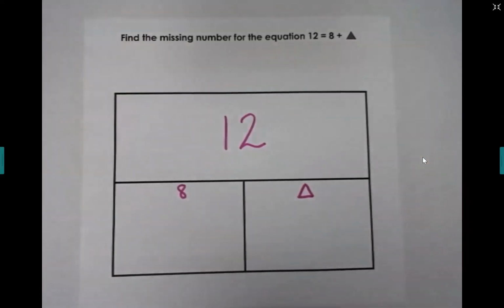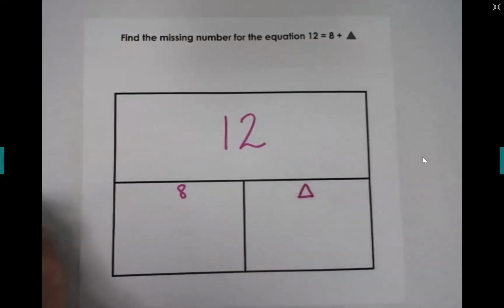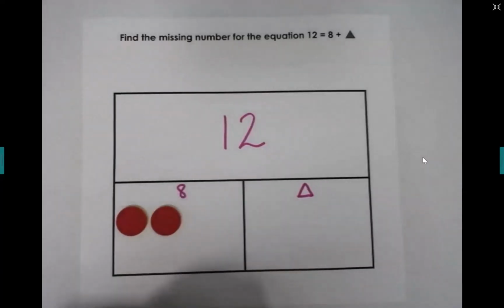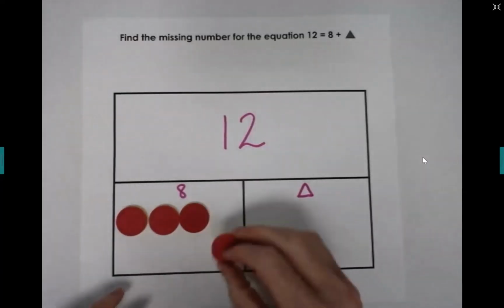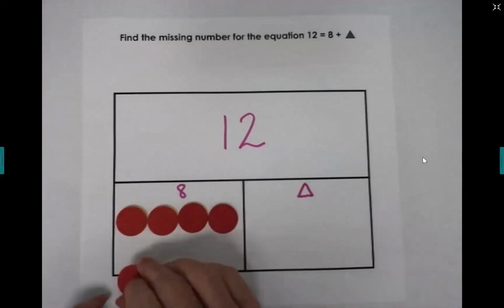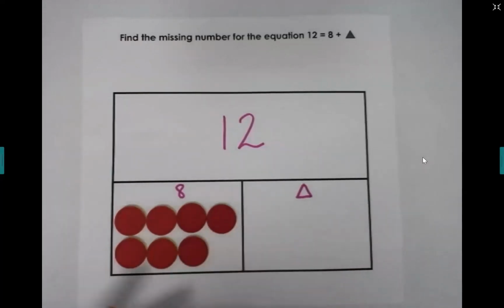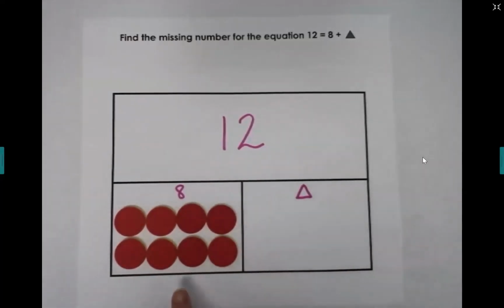So I'm going to use some counters here to help me think through it. So I know I have 8. So I'm going to put down 8 counters in this part of my mat. So I've represented the 8 I know.